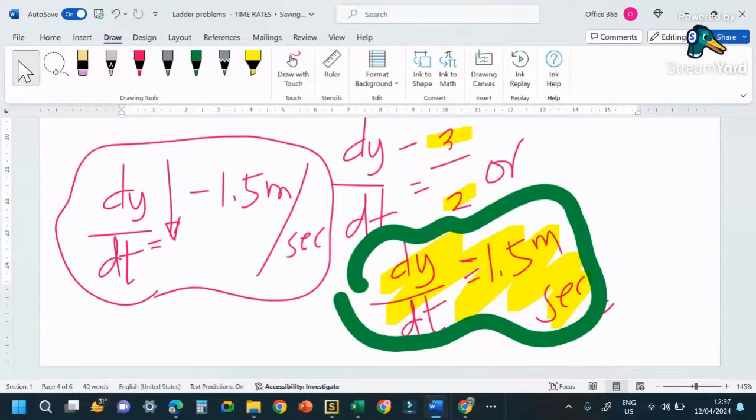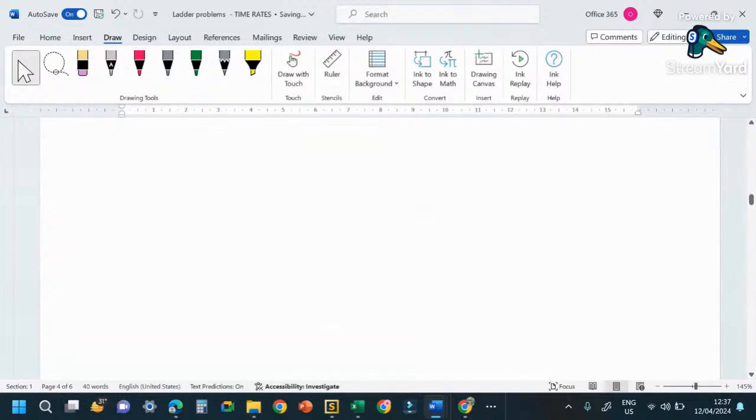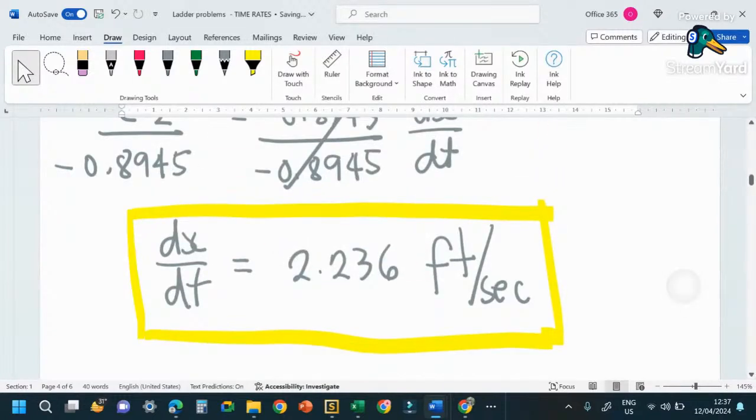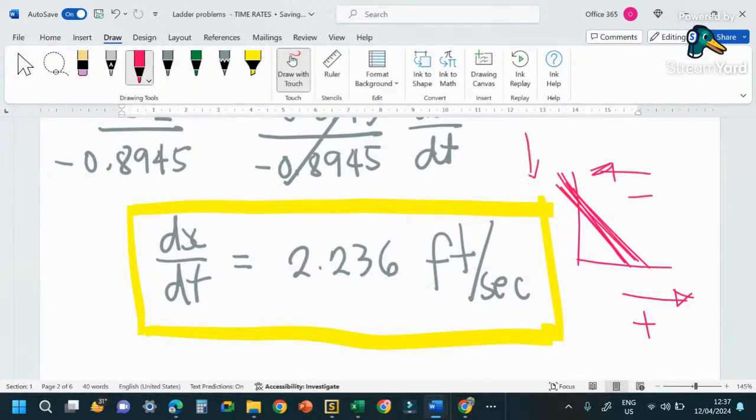Okay? Now, let's check our answer of the previous example. Why is it positive? Because, look, this is the ladder. The ladder is moving to the right. More often, to the right is positive. If it goes left, it's negative. When it goes down, it's negative.